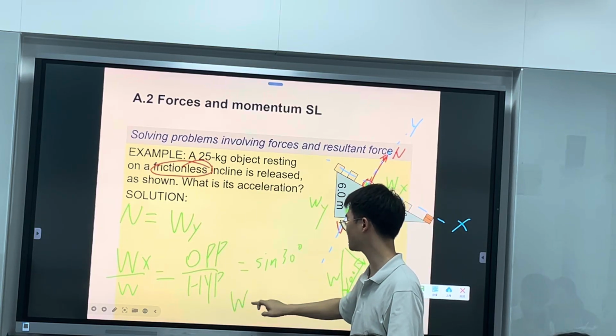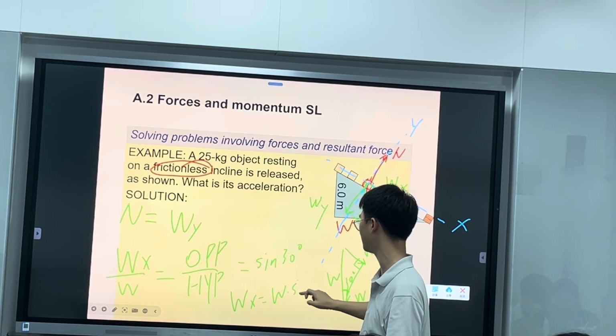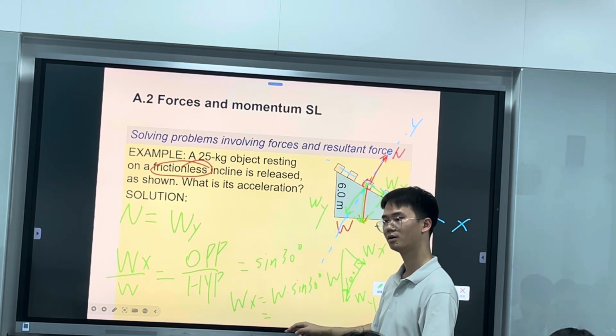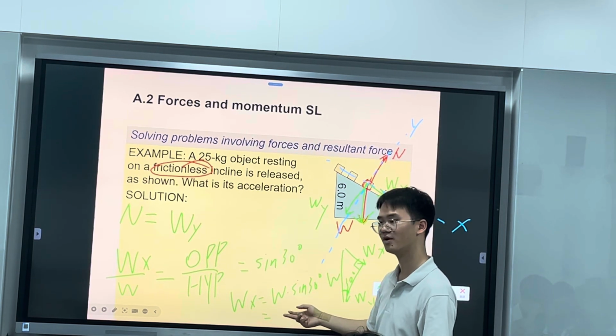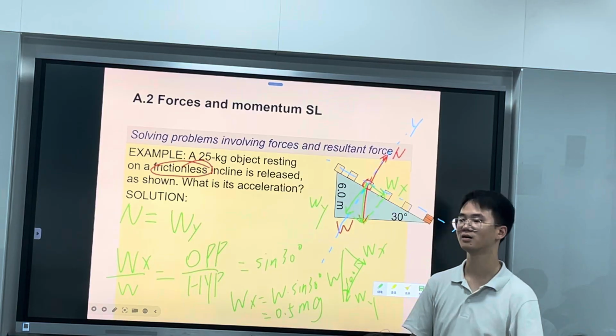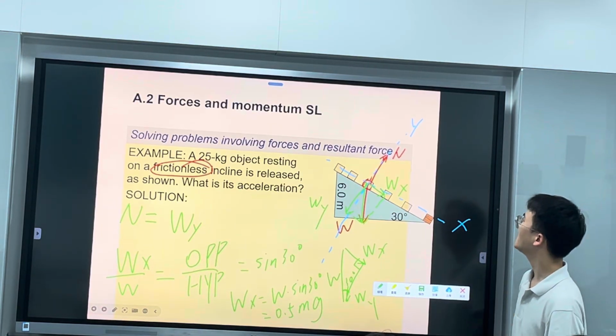So you get Wx equal to W times sine 30 degrees, which gives you half of the weight, right? So 0.5 mg, right? 0.5 mg.